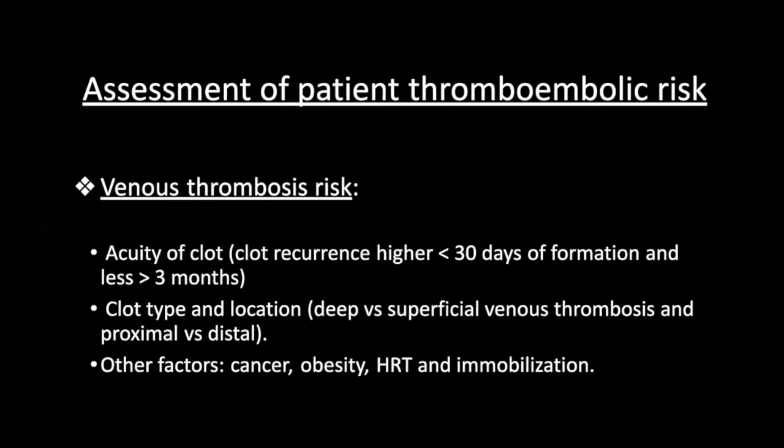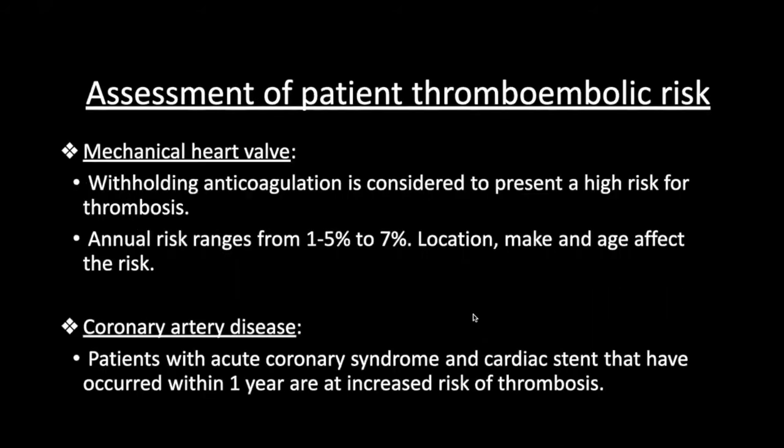Identifying whether these patients have cancer or are obese, or these are patients who have been immobilized for long. As we know, these are all associated with increased risk of thromboembolism. You have to assess whether these patients have mechanical valves, and by here we're talking about mainly patients who have a significant history of heart disease, patients with a history of coronary heart disease.